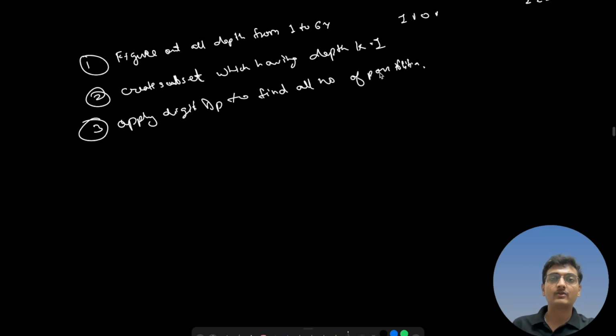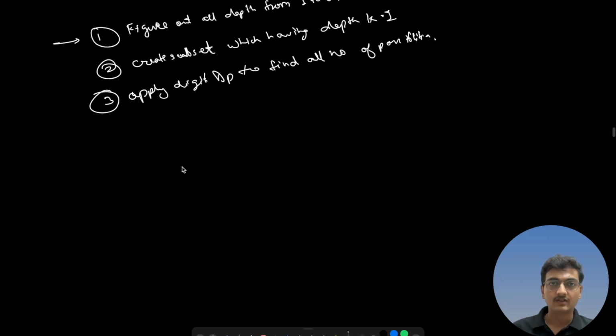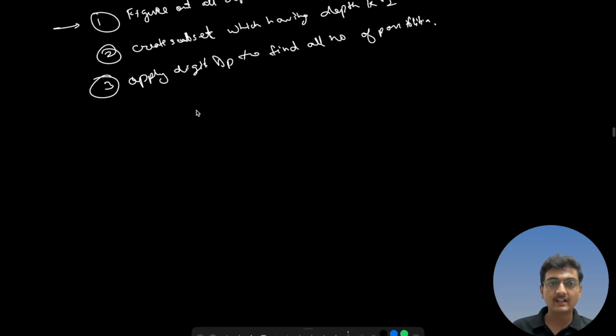Now let's quickly see how we'll figure out the depth of any of these numbers. For this, I will quickly write a pseudocode. I will be iterating for I from 0 to 64. Let's be precise: it should be 1. We can use, I think, 2 to 64, which is better. Why?